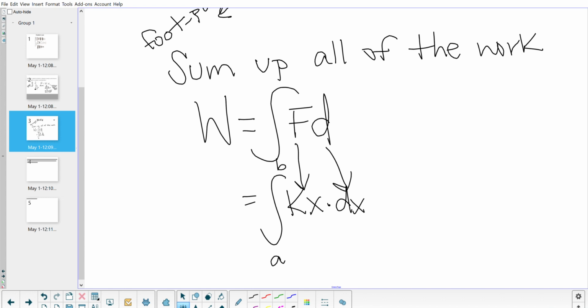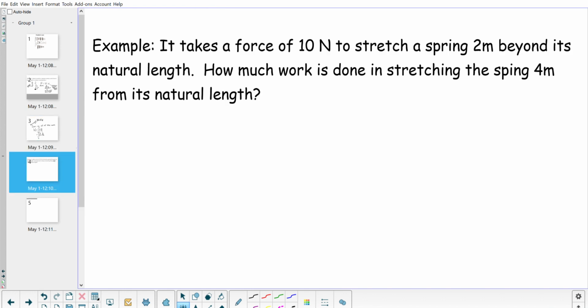Okay, now let's try an example. It takes a force of 10 newtons to stretch a spring 2 meters beyond its natural length. How much work is done in stretching the spring 4 meters from its natural length?